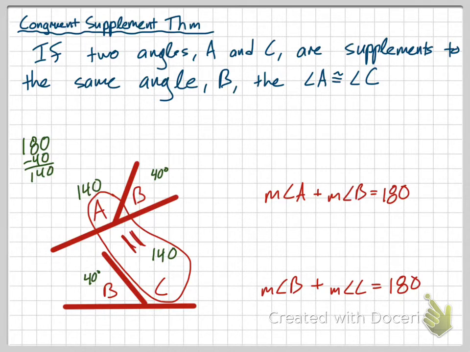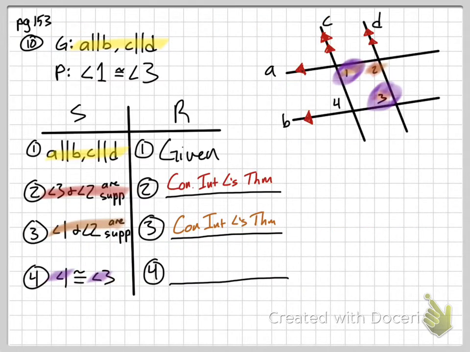We can use the congruent supplement theorem, where we have angle 3 is supplementary to 2, angle 1 is supplementary to 2, and because they're both supplementary to the same angle, we can prove that angles 1 and 3 are congruent.